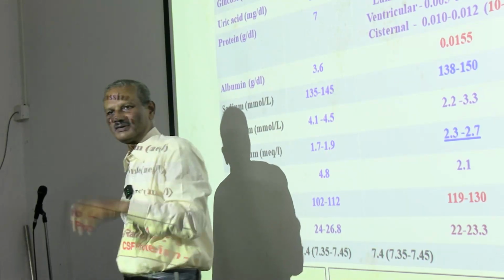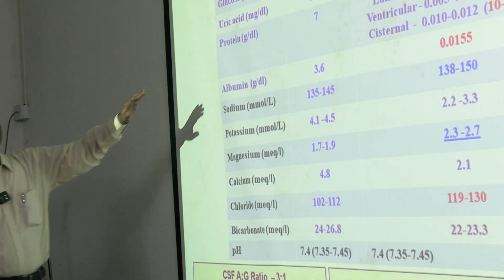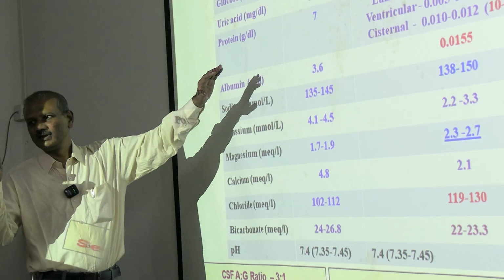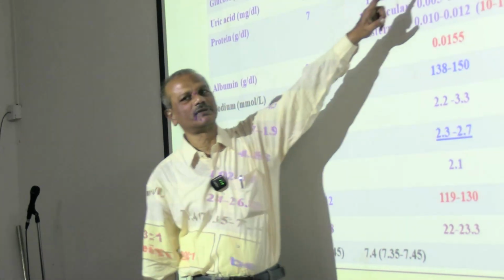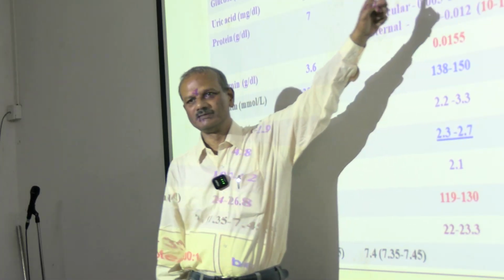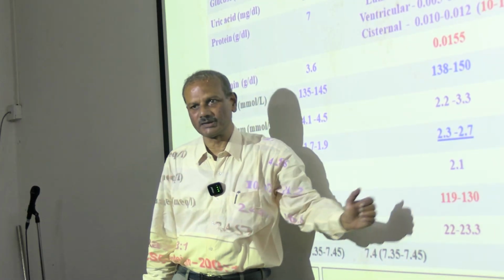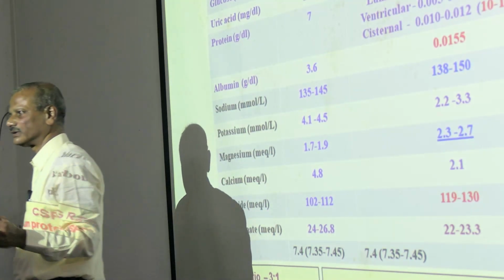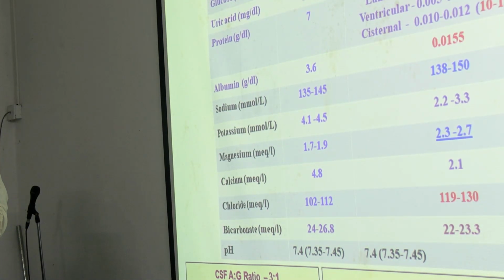That you have to remember. Similarly, uric acid, it is a sparingly soluble substance. It's not that water soluble. It is present in the plasma, but because of the blood-brain barrier, all these substances are present here at a significantly lower concentration.